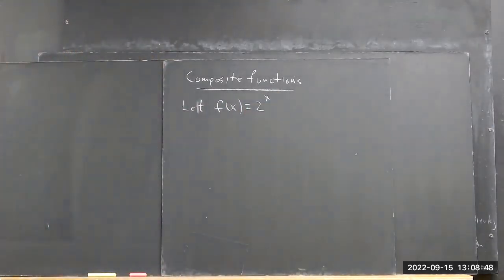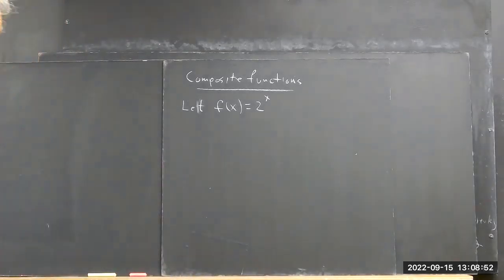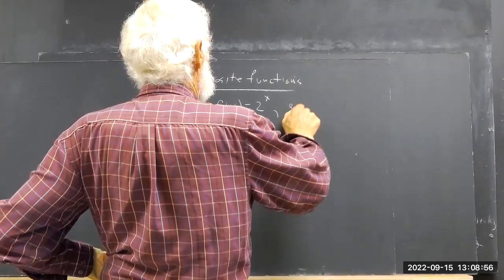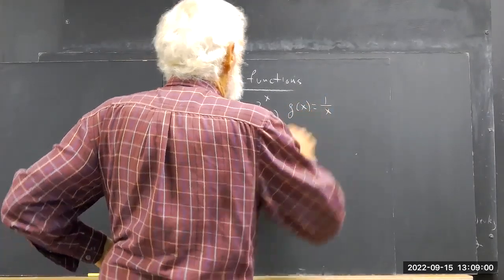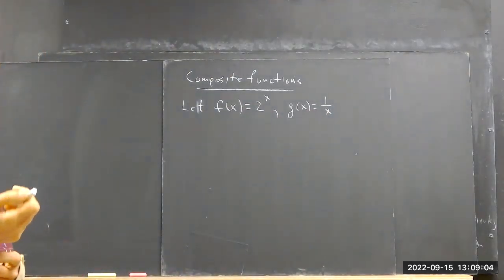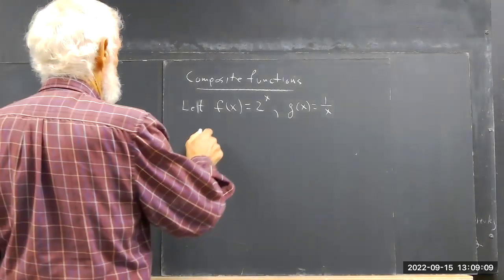let f of x equal 2 to the x, your basic exponential function. And let g of x equal 1 over x. Okay.